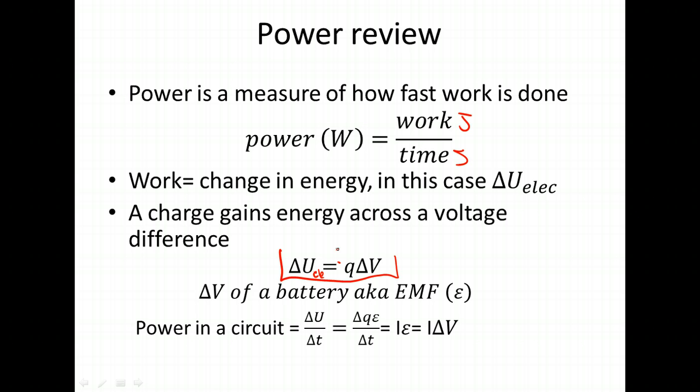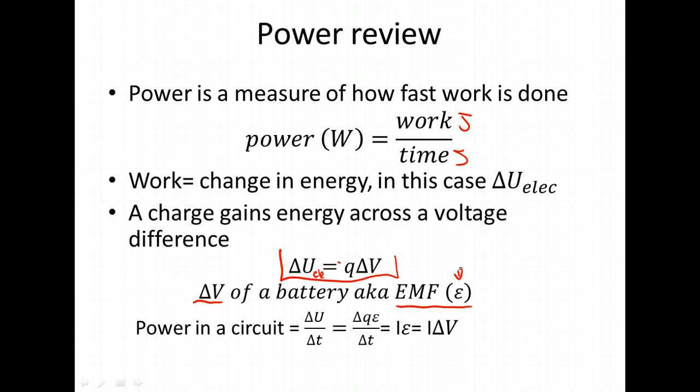These two things are synonyms, and I might not have drilled it home well enough, but the potential difference of a battery has a special variable, but it's the same thing. We call it the EMF, and it's represented by an epsilon. Right, but when you see this variable, we're just talking about the voltage difference of a battery. Same thing.